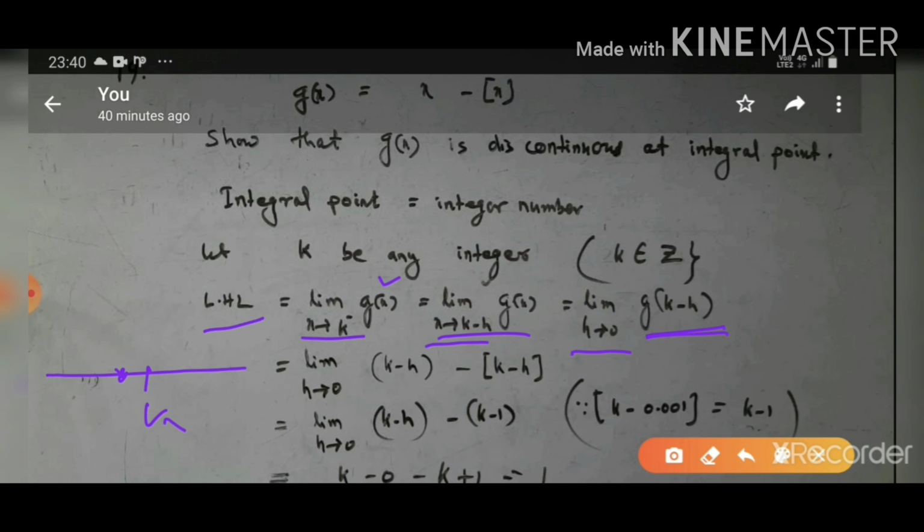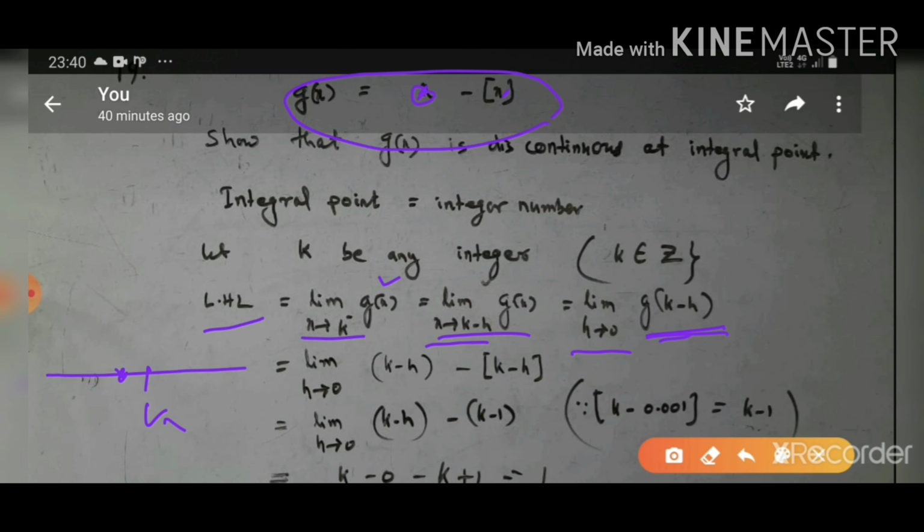Then you put k minus h in this function. g(x) is x minus [x], so here you put x equal to k minus h.